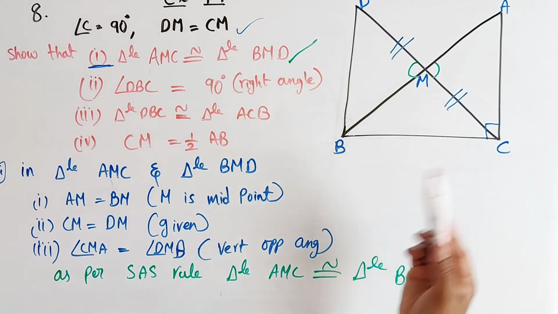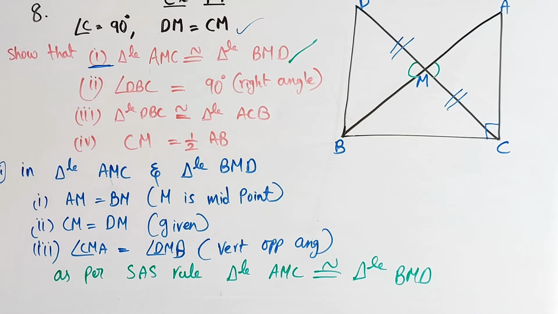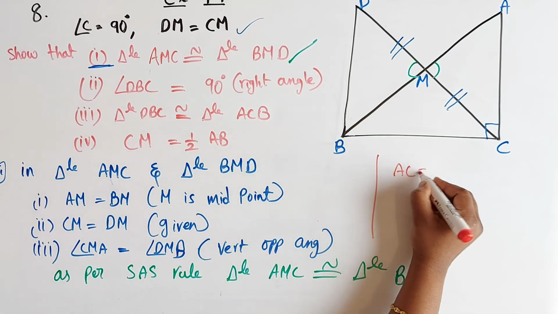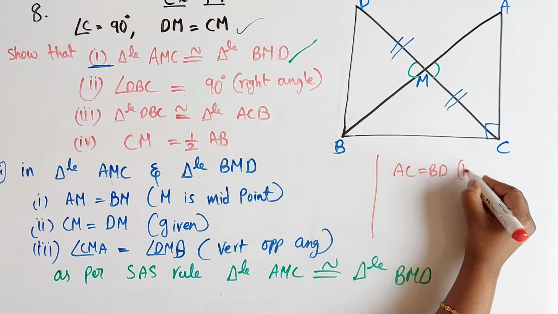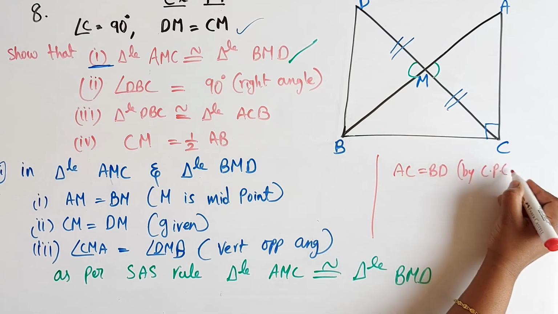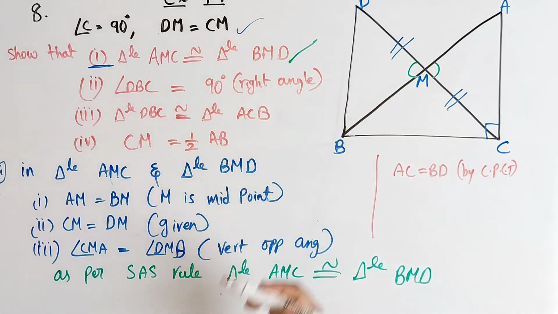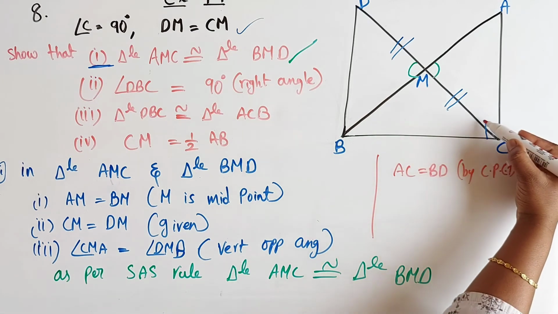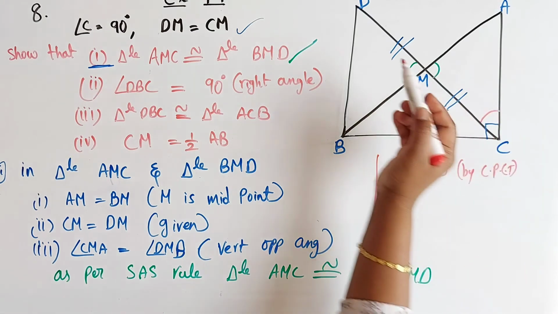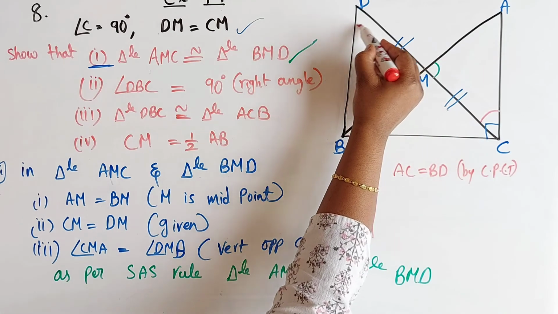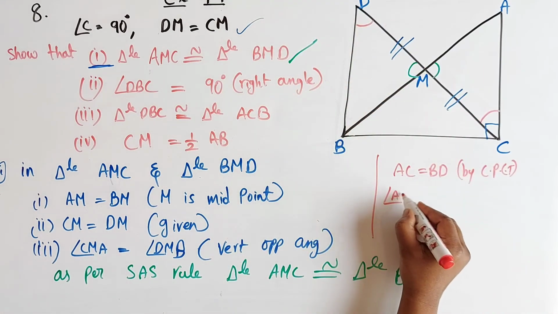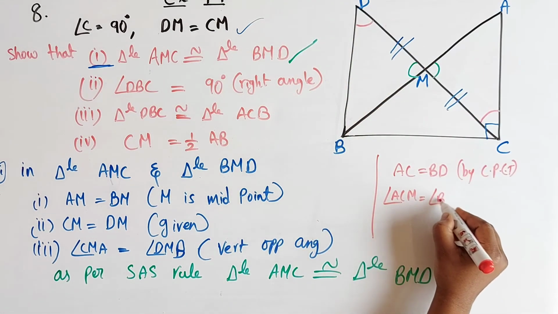Now, triangle AMC is congruent to triangle BMD. We can make other parts also equal by using CPCT. What are the parts? AC equals BD by CPCT. And we can make angle ACM equal to angle BDM.